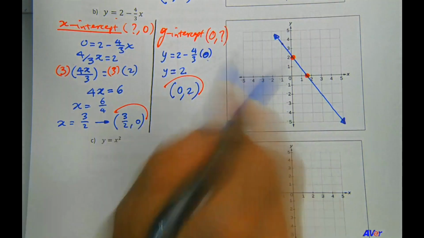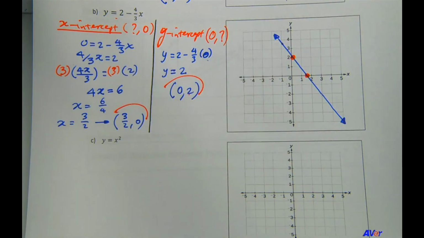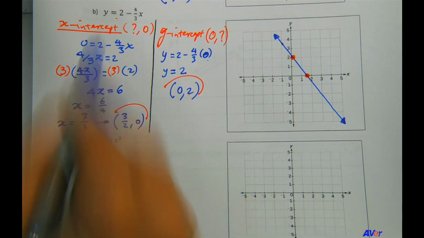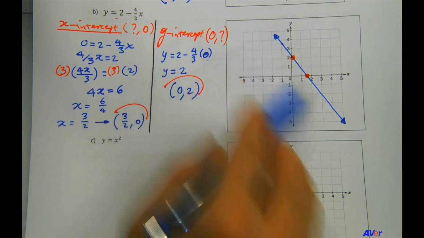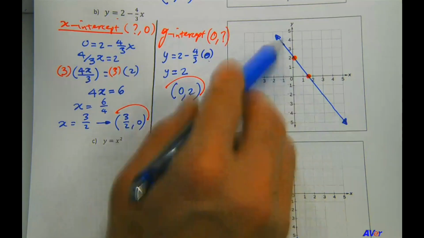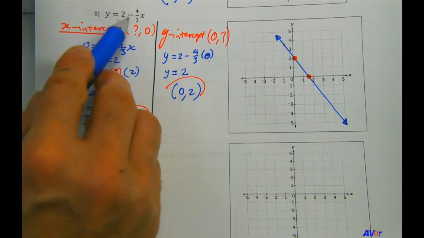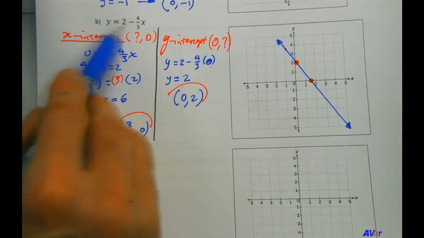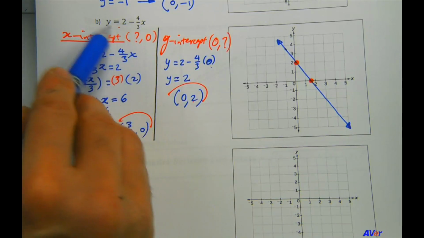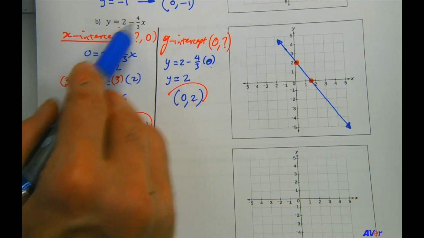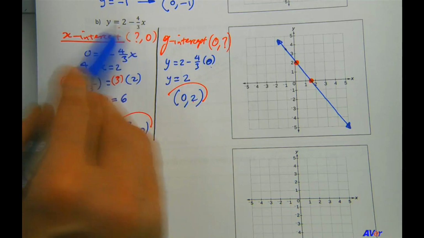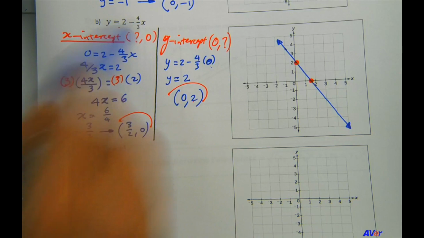Okay. Does this line make sense given that equation? Yes, because this is once again moving from left to right. It's a declining line. It has a negative slope. And look, we have slope-intercept form again, right? Y equals something. The slope of this equation written in slope-intercept form is negative.